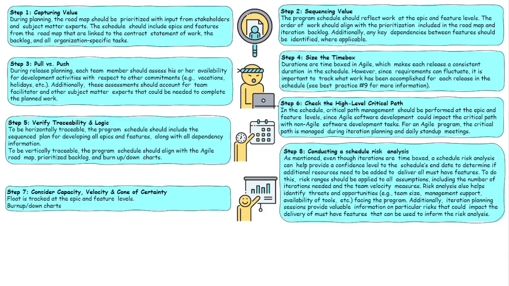Moving on here to number 8, conducting a schedule risk analysis. As mentioned, even though iterations are time-boxed, the schedule risk analysis can help provide a confidence level to the schedule's end date to determine if additional resources need to be added to deliver, and so on.